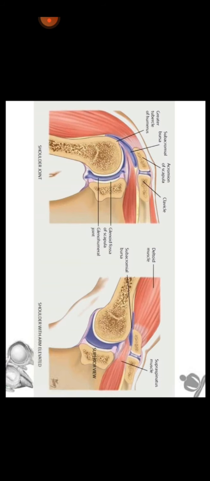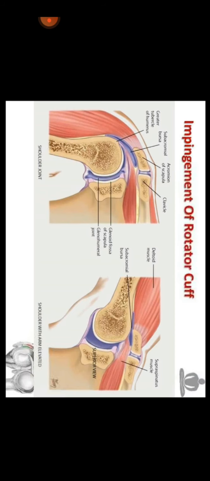Complete tear of rotator cuff. If it is partial, then it is like impingement only. Complete tears are very rare, but may occur also. It is very rare below 30, but in chronic rheumatoid arthritis cases, complete tear of rotator cuff may be present.